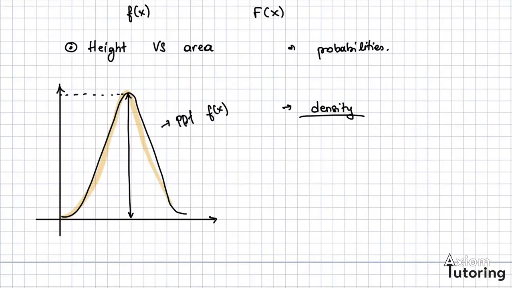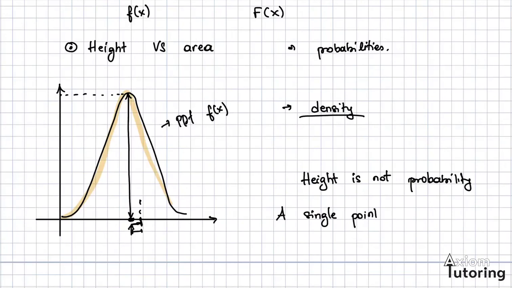So if you are at this kind of height, it means you are more likely to see a value that falls under this range in here or anywhere else. However, it's not telling you exactly the probability. So height is not probability. And also keep in mind, a single point has probability 0.